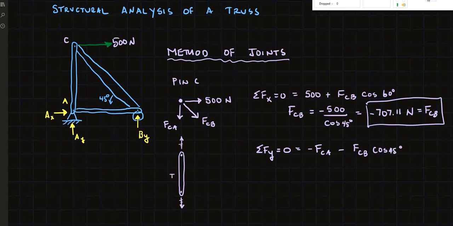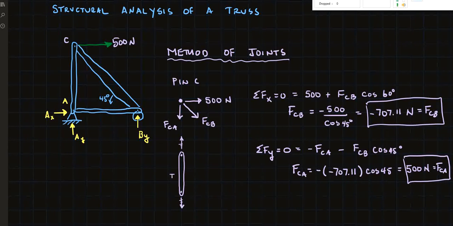Should have noticed that. So this equals the negative of that, which is going to end up being 500 newtons positive. So that's drawn in the correct direction. So I've found now the force in this member and the force in this member. Let's figure out the force in this member by using pin B.